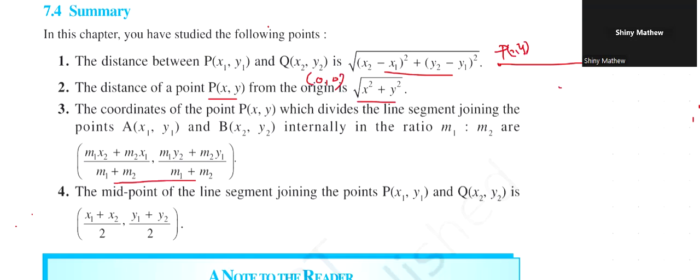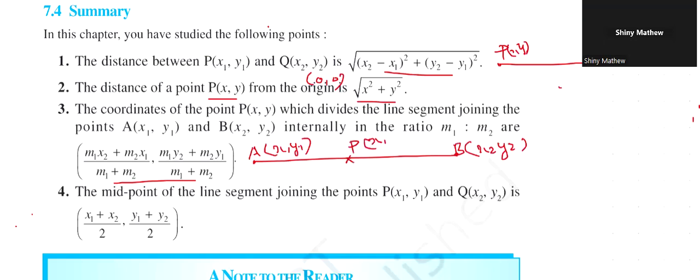That means here we have a straight line. The endpoints are A and B. The coordinate of A is (x1, y1) and the coordinate of B is (x2, y2). Then a point P is in between this AB. Then the coordinate of P is (x, y) and P divides the line segment in the ratio m1 is to m2.